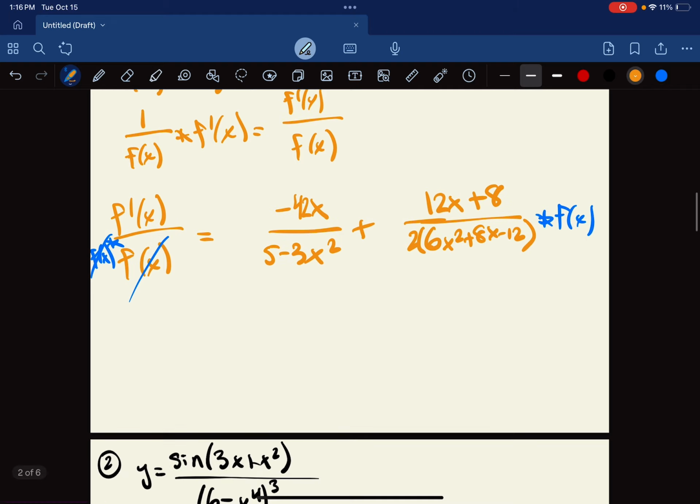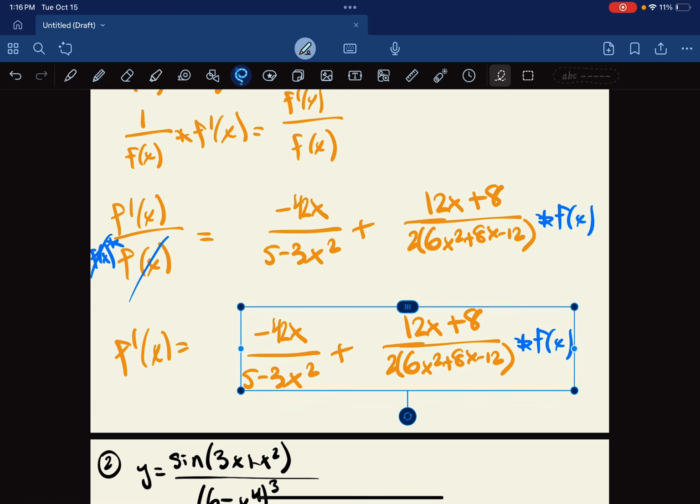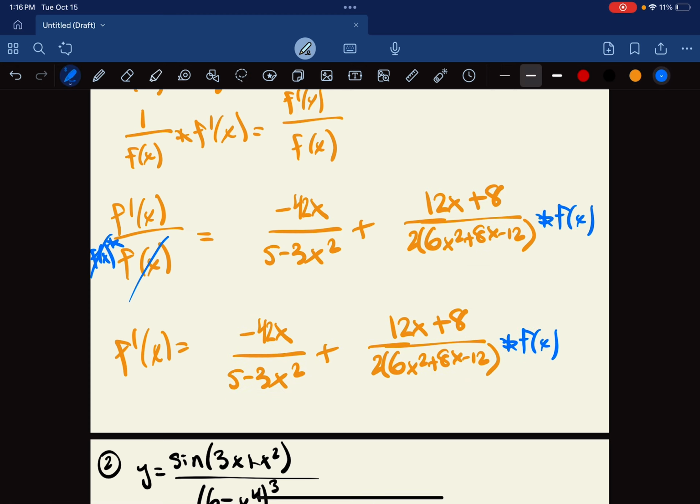So then we've got f prime of x equals this whole thing, and we have to bracket it in because it's multiplied by the whole right side.